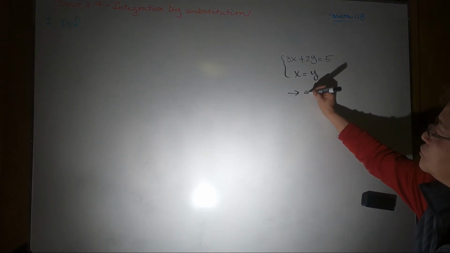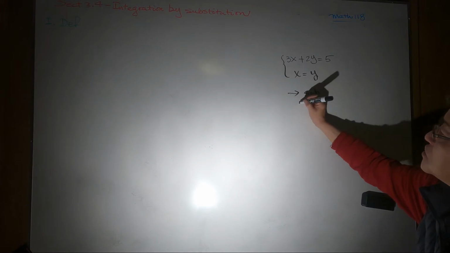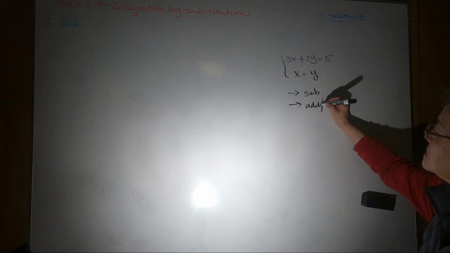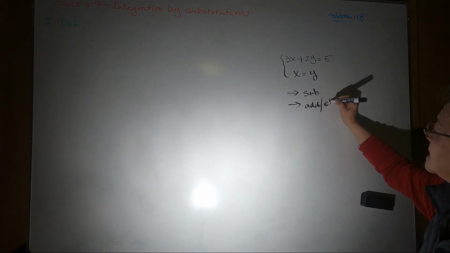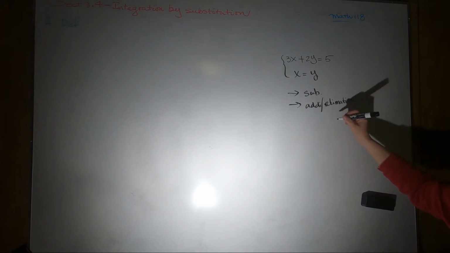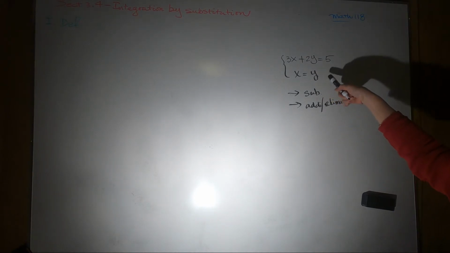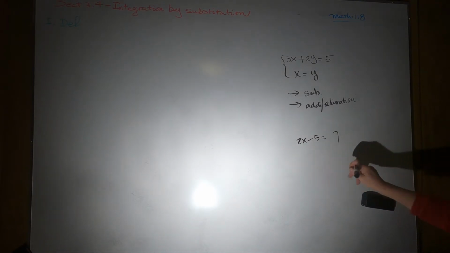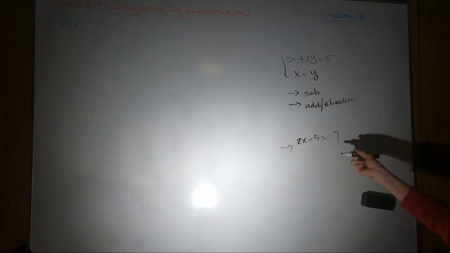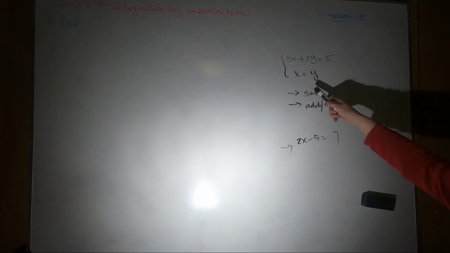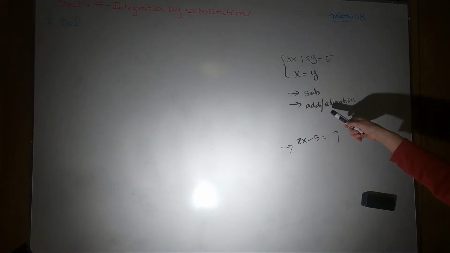The first method is substitution, and the other one is addition or elimination. So when you have a more complicated situation, instead of a simple one, you do it straightforward.